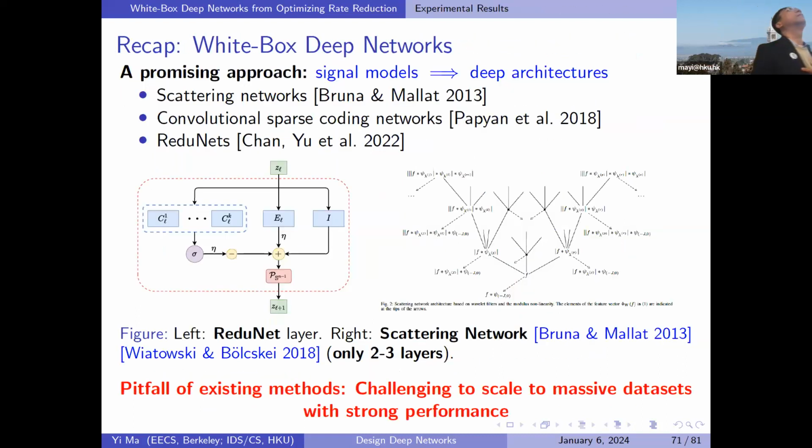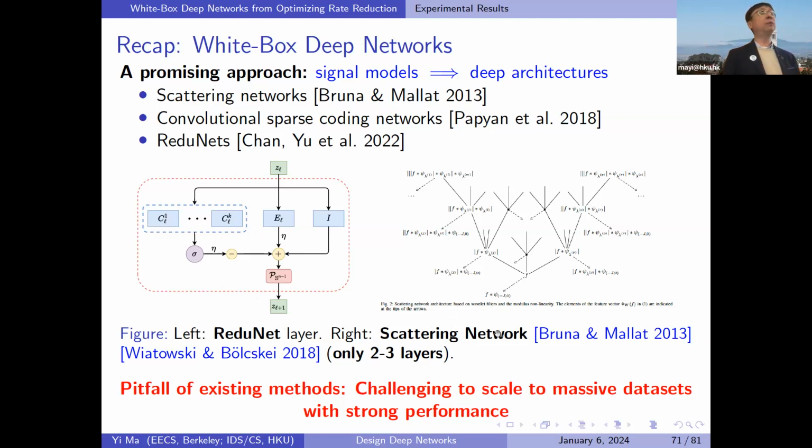But there are problems with this. As I said, this doesn't scale, because even computing in the frequency domain, with high dimensional spaces, those operators are extremely expensive. There were early attempts to design neural networks, and ReduNet is one of them.